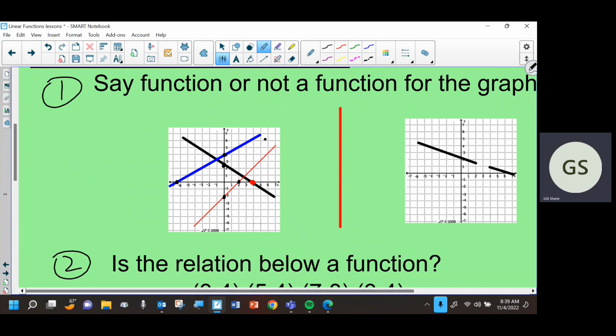Your x value will always be 0. Because again, by definition, if I'm touching the y-axis, I never have to go left or right to get to the point. You just go up or down for your second.